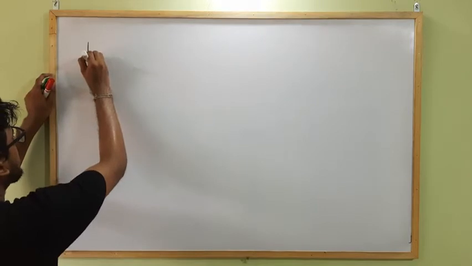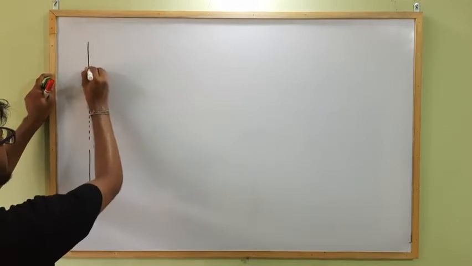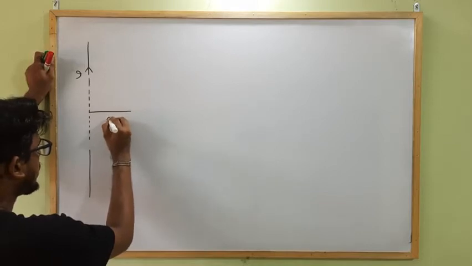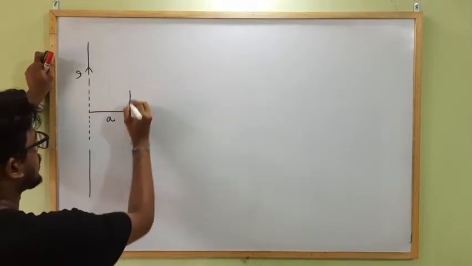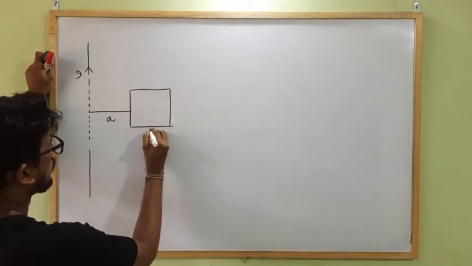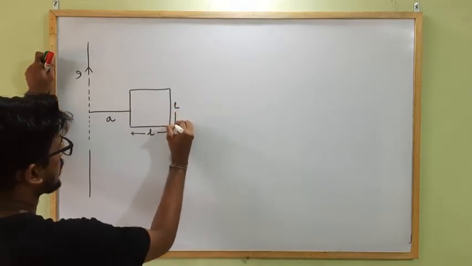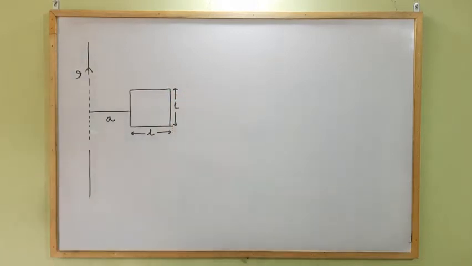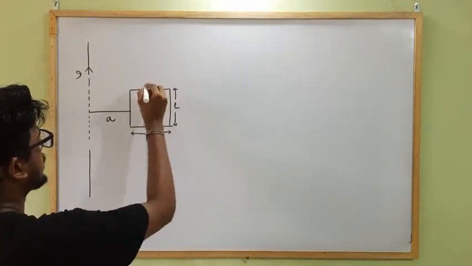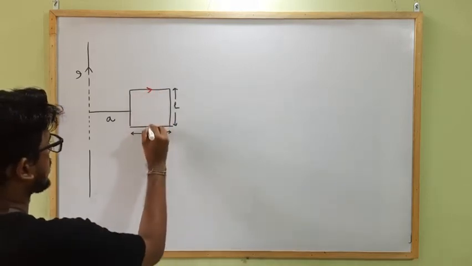Here is an infinite long straight current carrying conductor, next example, which carries current I, and at a distance A there is a square current carrying loop of length and width L, which carries current I in this direction.